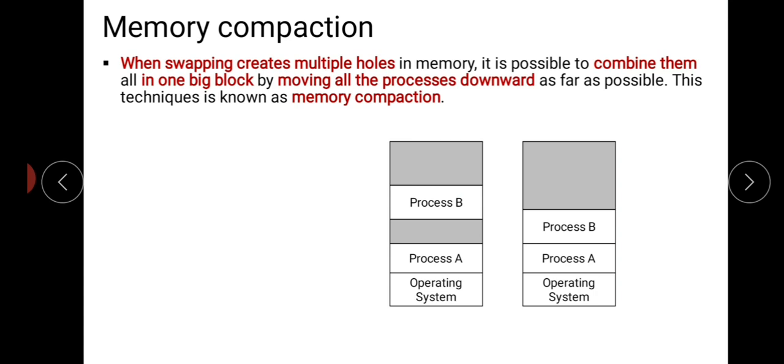Memory compaction will merge this free memory with the other free memory, creating one big block of free memory, and it will serialize processes A and B. So if any next process comes into the picture and wants some memory, it will have a huge amount of memory to complete its task.